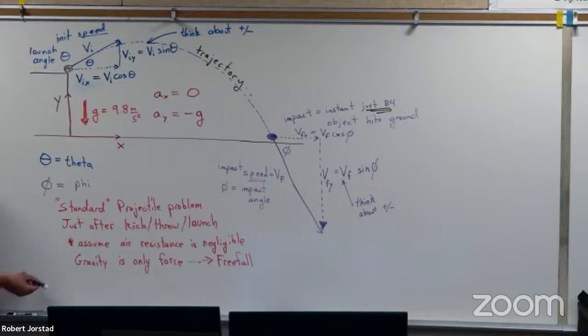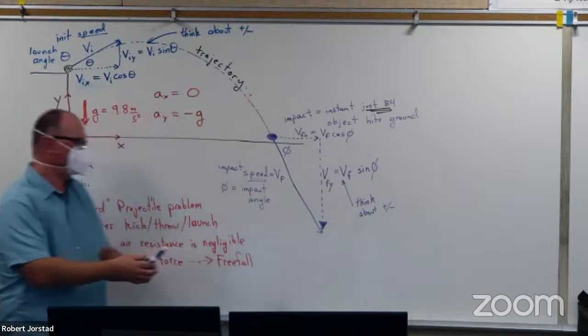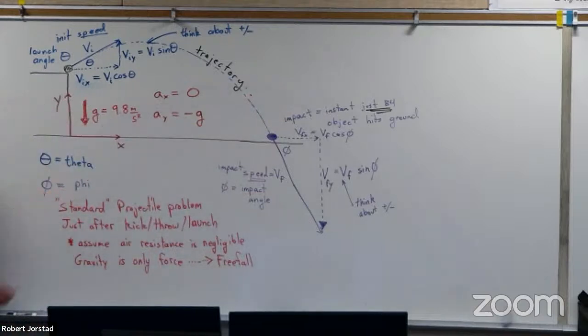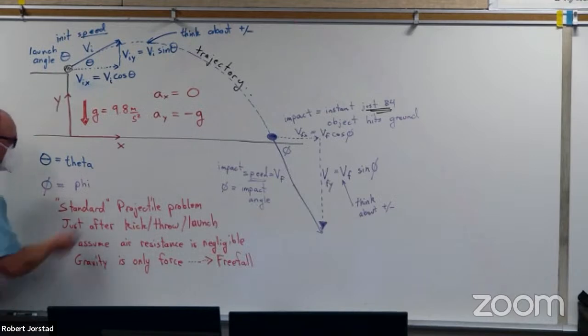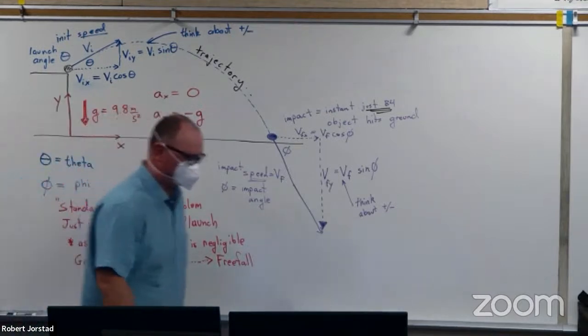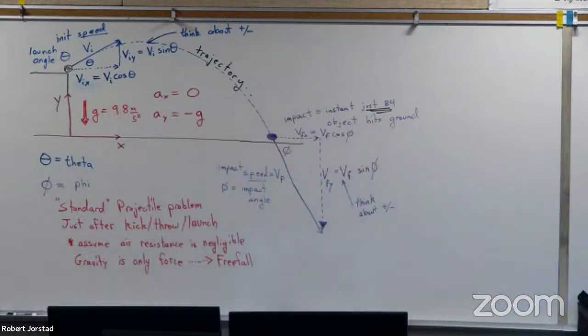Ready? It hits max height somewhere over here. Is it moving at max height? Or is the velocity 0 at max height? What do you think? Discuss with your neighbor.